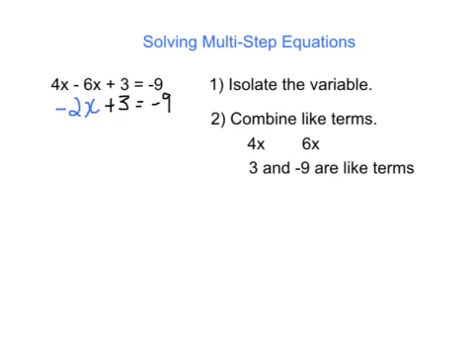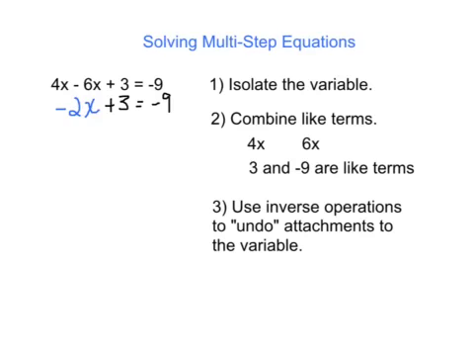Now I can look at my equation and see what I can use inverse operations on to undo what's being done to the variable. I'm going to choose to undo the adding 3 to my variable. That is easier to undo than undoing the multiplication first.